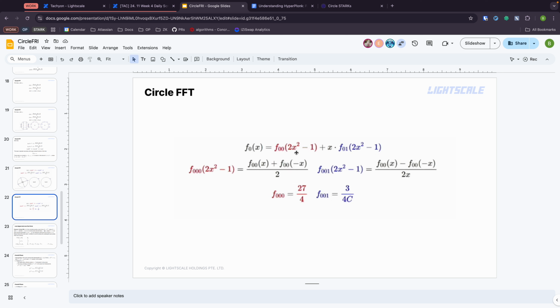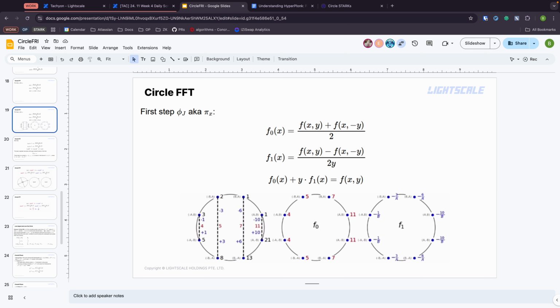So f0x can be written like this, and f000 is going to be this in the next folding. So f000 can be evaluated like this, 27 over 4. How we get it is, f00, what is it?